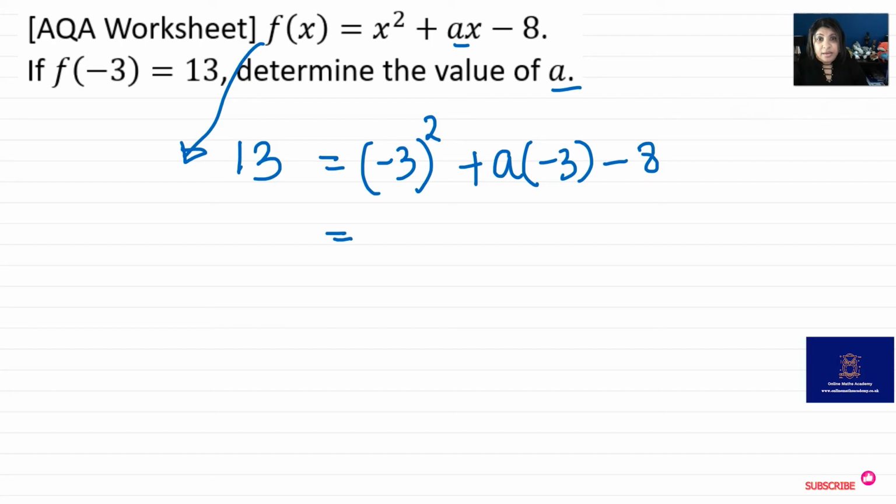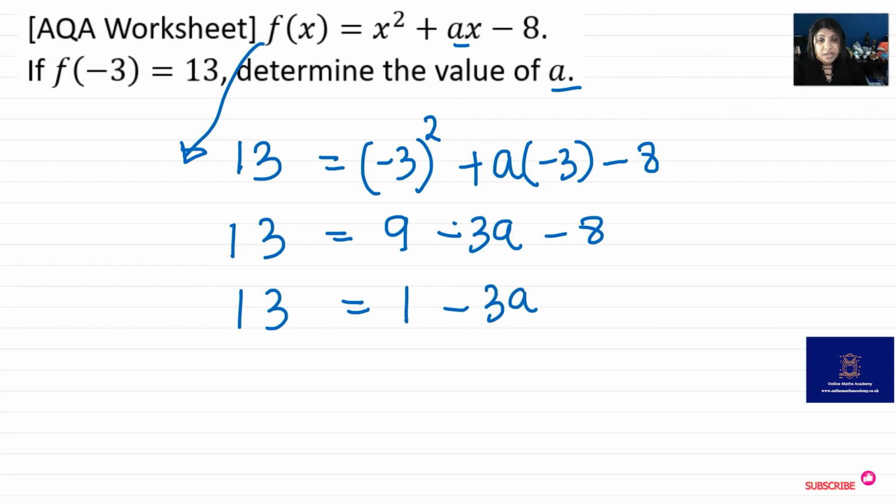If you square a negative number, you get 9. So I have still 13 here, and then plus positive a times negative 3. This will give me negative 3a, and then I still have negative 8 here. So what do I get? I get 13 is equal to 9 take away 8, which is 1, take away 3a.